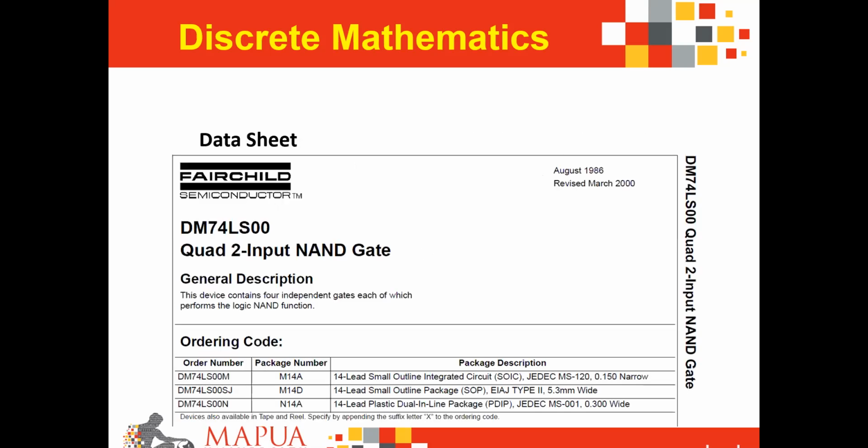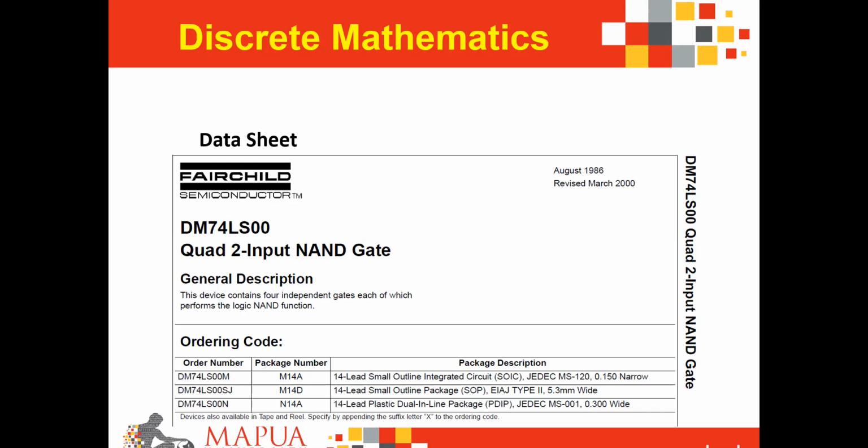This is one such example of a datasheet, whereby I've shown here the datasheet for a 7400, which is a NAND gate, showing you that there are three corresponding packagings for your NAND gate as seen on the code. So you have the DM74LS00M, which is a 14 lead small outline integrated IC.